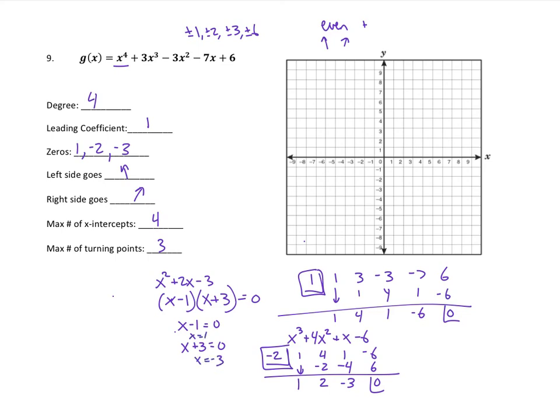So now this factors to x minus 1 squared, x plus 3, x plus 2. So we're going to have a bounce at positive 1, and then we've got zeros at negative 3 and negative 2.